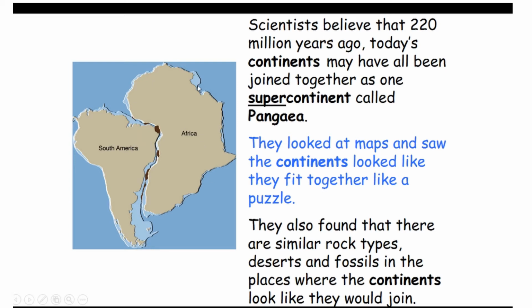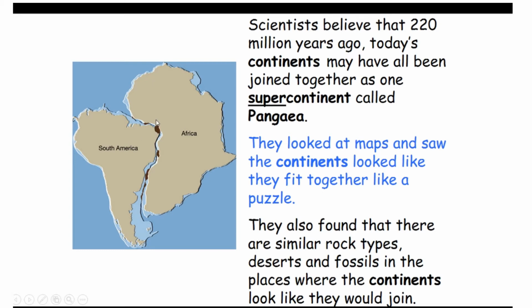And in the past, millions of years ago, the tectonic plates were all in different places. Scientists think that the different continents would, in the past, have been joined together. And here's how South America would fit right next to Africa.